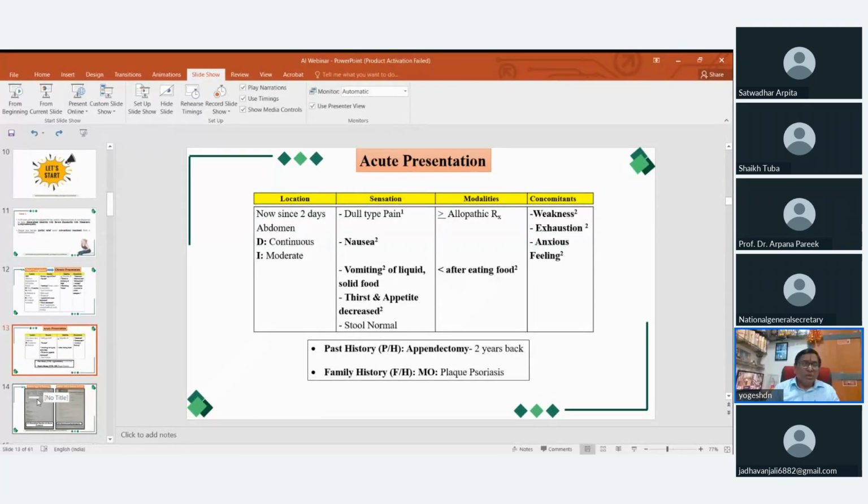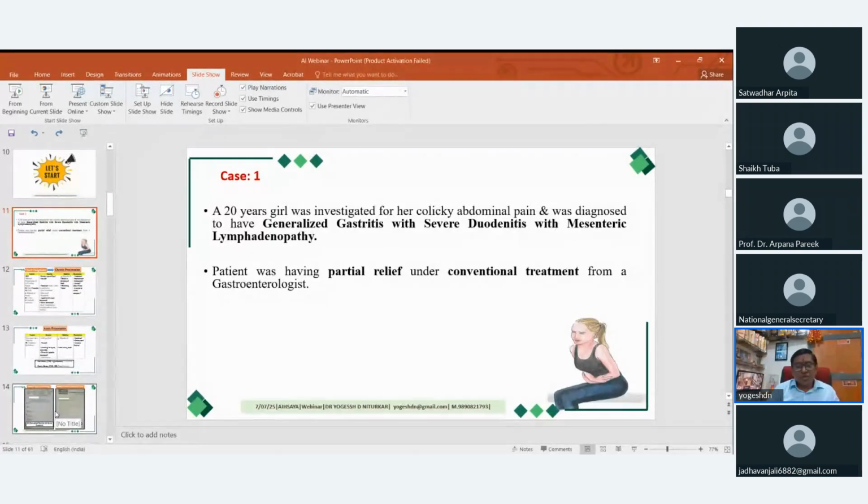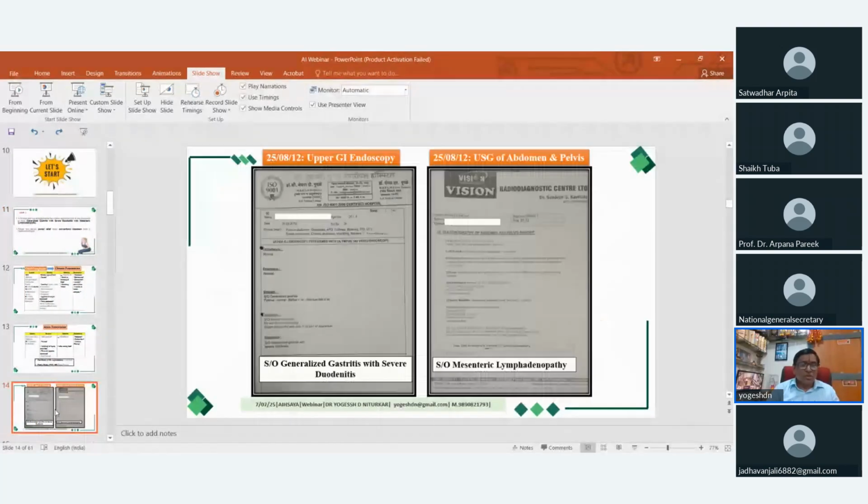Now, as I mentioned, that there is generalized gastritis with severe duodenitis with mesenteric lymphadenopathy. Now, from where I have taken this, that means there are some reports. And I had mentioned that the treatment is under gastroenterologist. That means I should verify the diagnosis. So I had gone through the reports.